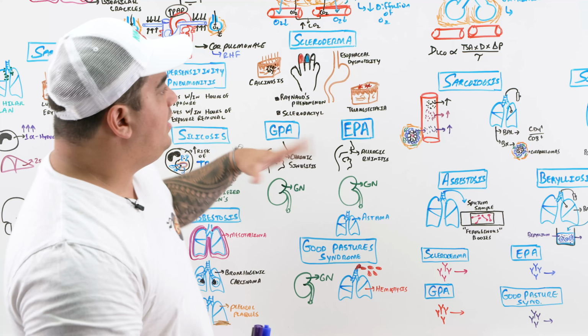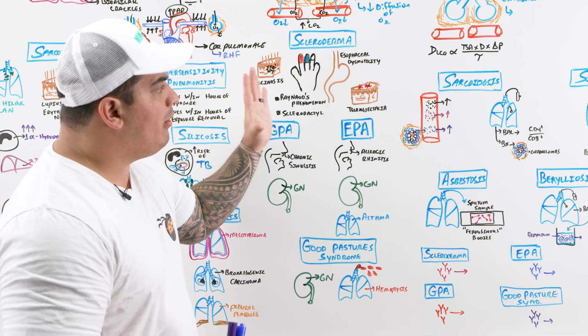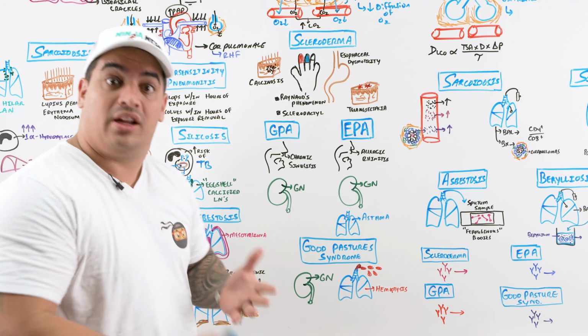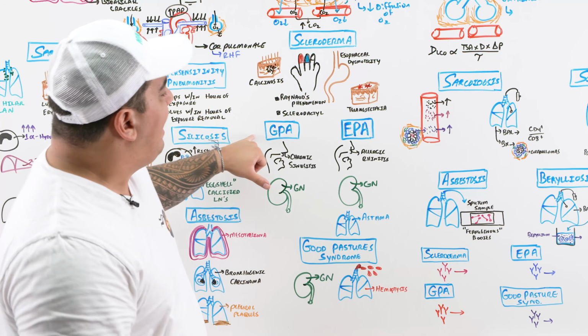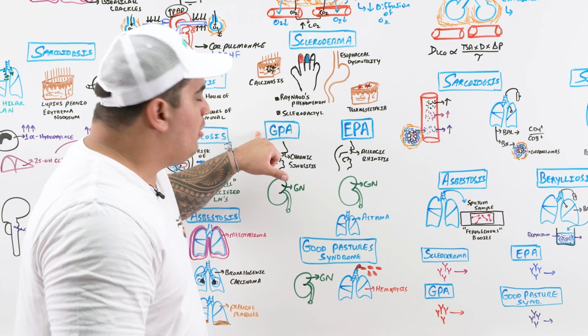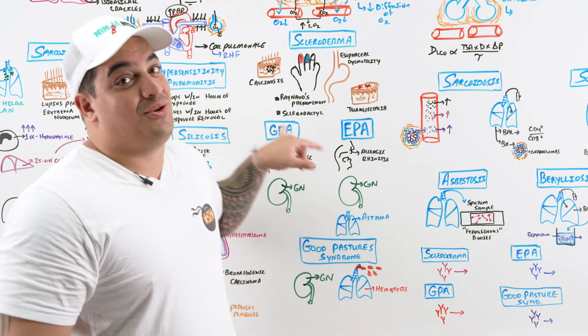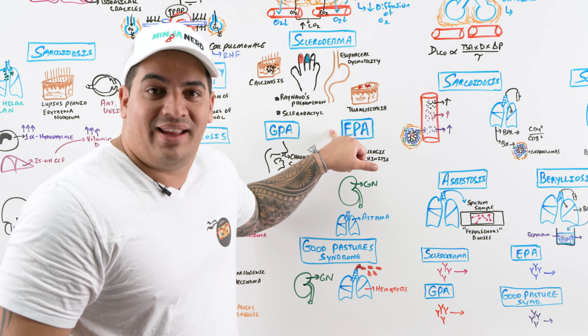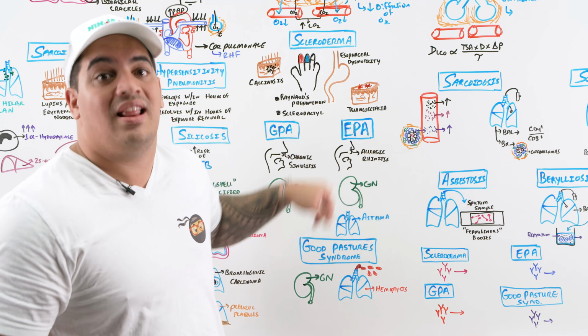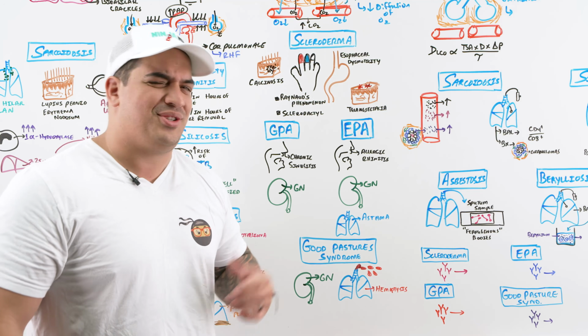All right, so we have an idea now of how scleroderma patients may present a little bit differently in comparison to others. The next one is, how do we know about these other ones, like granulomatosis with polyangiitis, also known as Wegener's, eosinophilic granulomatosis with polyangiitis, also known as Churg-Strauss, and then the last one, which is called Goodpasture syndrome, which is a really cool one.